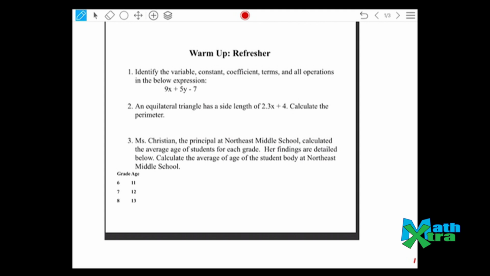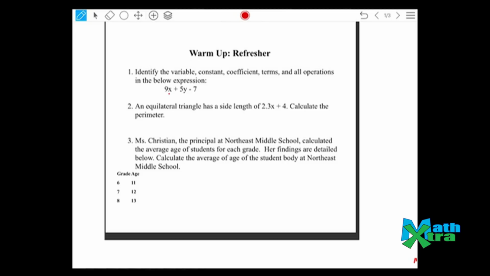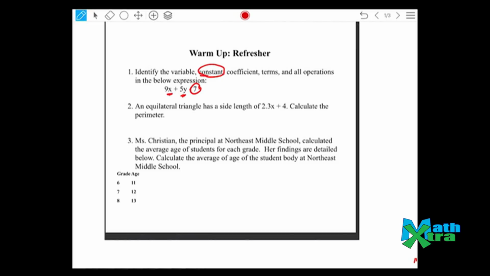And the variables are always going to be a part of the alphabet. Clearly we have x and we have y. Those are our variables. Next, let's talk about the constant. Remember, a constant will never change and is never attached to a variable. Our constant is 7.